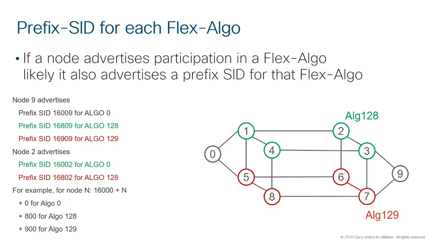I just use a way that is very easy to memorize. It's 16,000 plus the number of the node, plus 800 for algorithm 128, plus 900 for algorithm 129. This way you can easily understand all of the examples. I'll say it later in the deck.